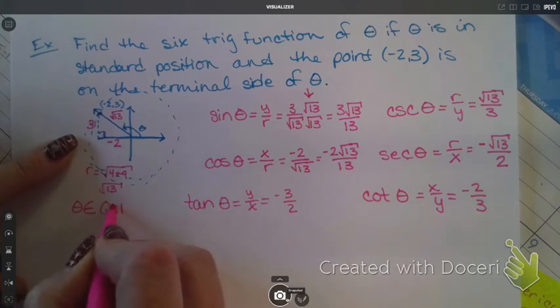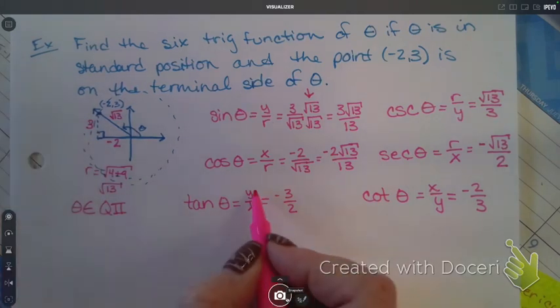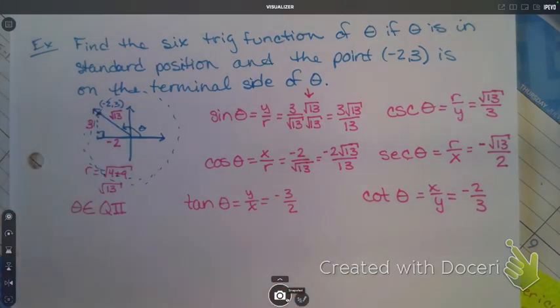Okay, and I know that this is y over x, so what should I know the negative is on? The 3 or the 2? The x or the y? The 2. I should know it's on the x because in the second quadrant, x is negative. Correct? That was yesterday.